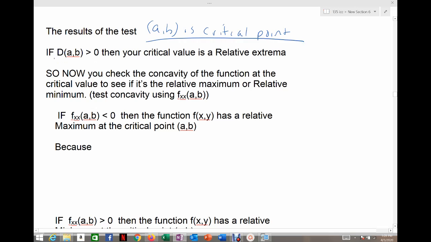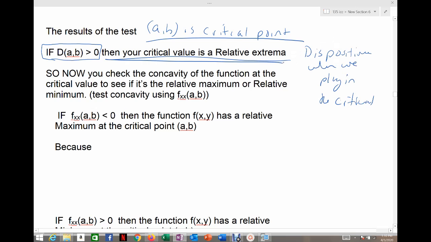If the value comes out positive, so our D formula comes out positive when I plug my critical value in, what that tells me is it's a turning point. It means it's turning in the same direction in both x and y. That's literally what it means.